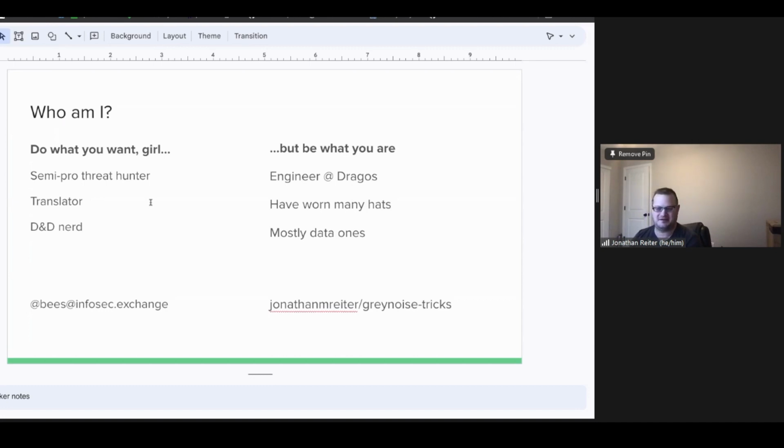Likewise, I do translation work. I did a lot of the initial translation of the tabularized data for the Anjouan leak as an example. And I'm a D&D nerd. You can find me on Mastodon and InfoSec Exchange, and soon there will be a GitHub repo with at least a slice of what I'm showing you today.